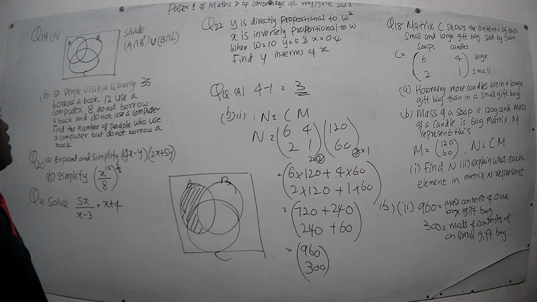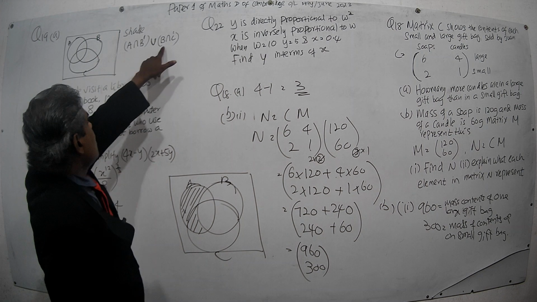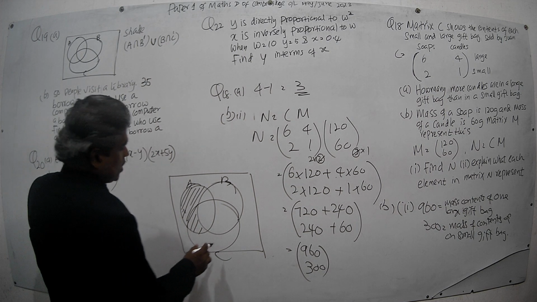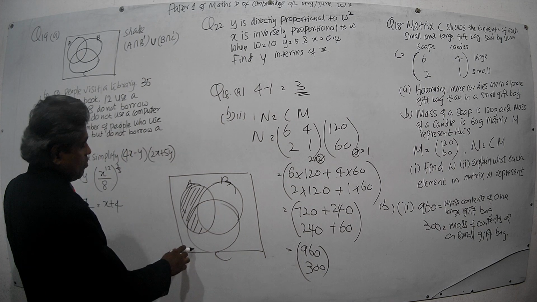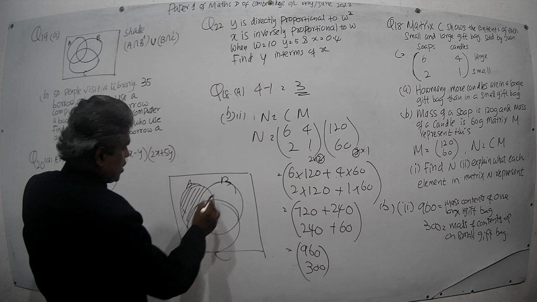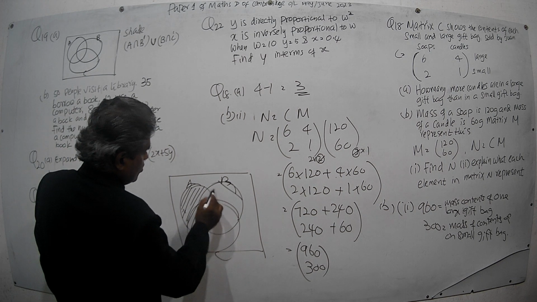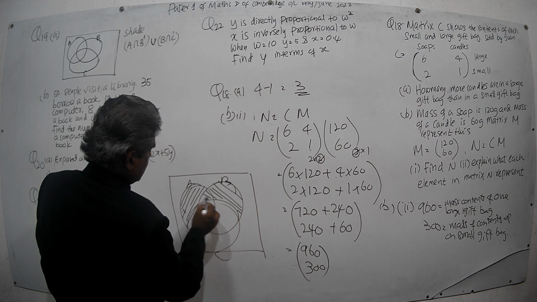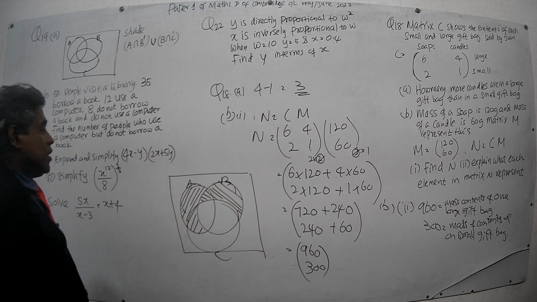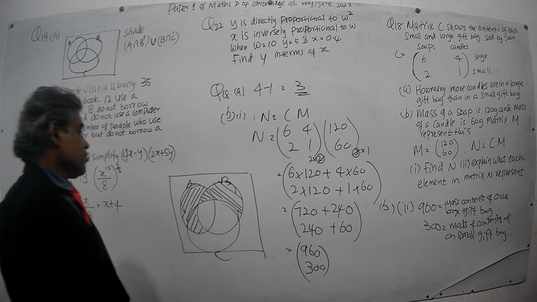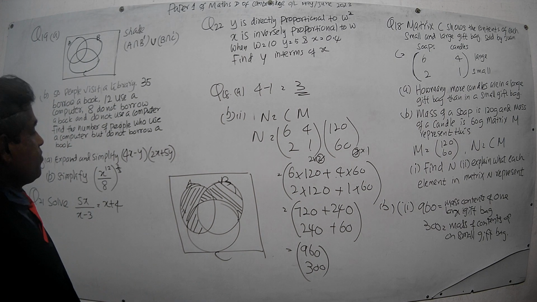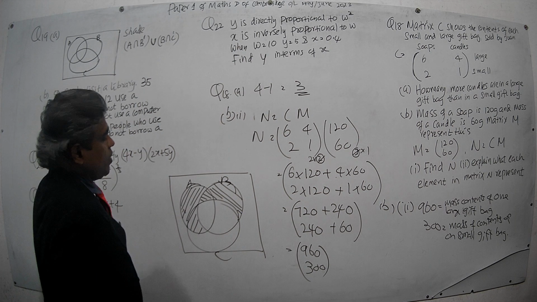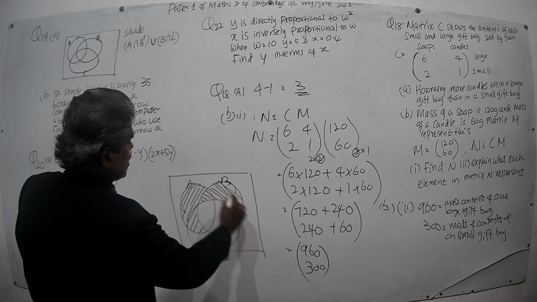Then this one, B intersection C dash, means only B compared to C. That means this part, like this. Only B without C. Then union.